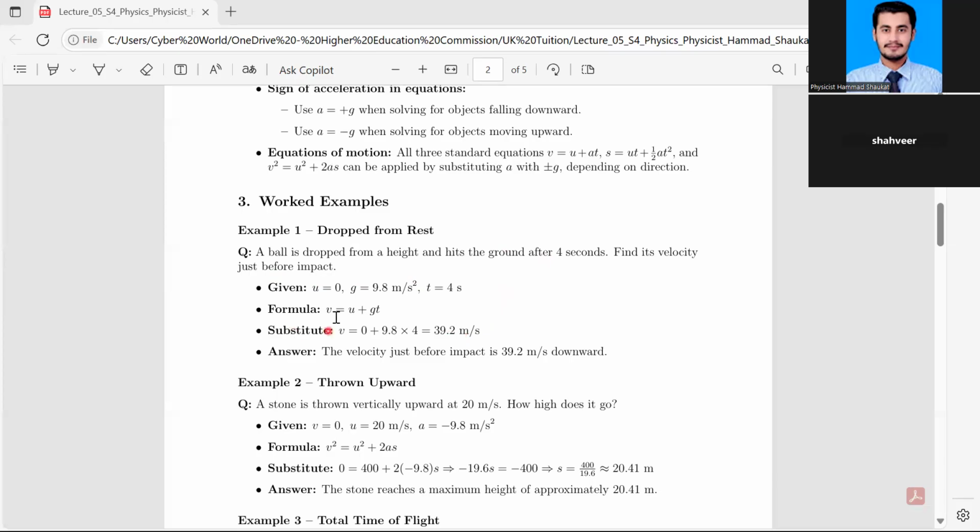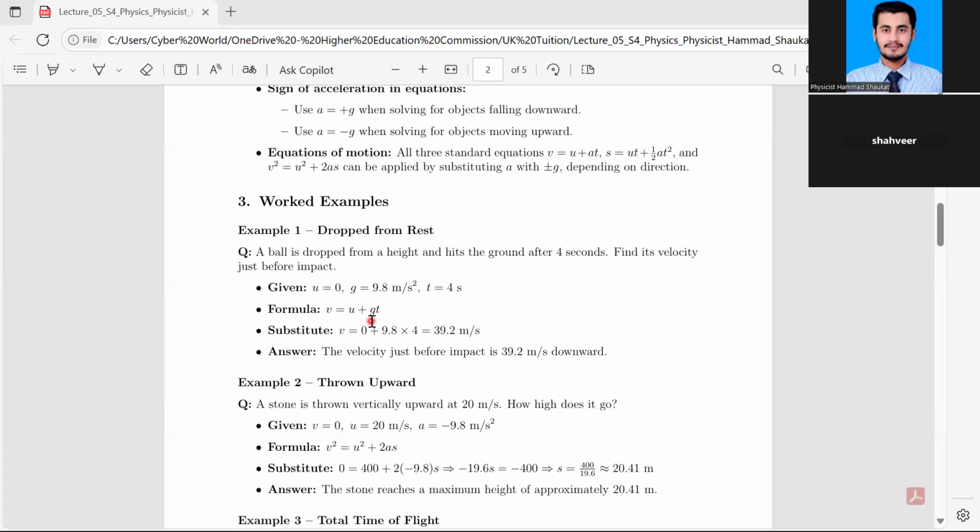Good. So here is your first equation of motion: v equals u plus gt. a is replaced by g. Why g? Because now your ball is moving under the action of gravity, so your acceleration becomes gravitational acceleration.